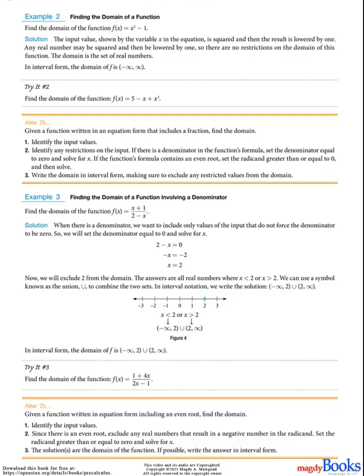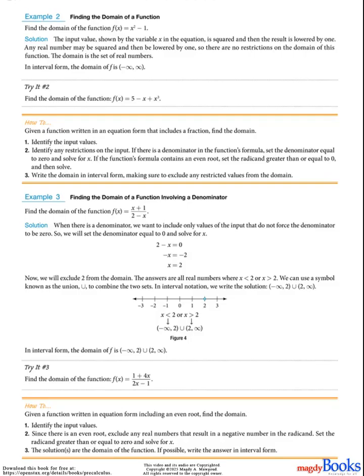In interval form, the domain of f is (negative infinity, 2) union (2, infinity). Try it number 3. Find the domain of the function f of x equals 1 plus 4x divided by 2x minus 1.